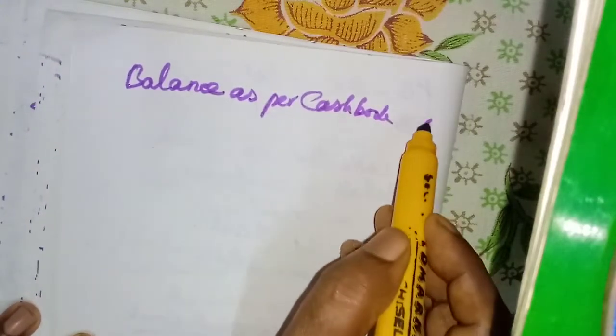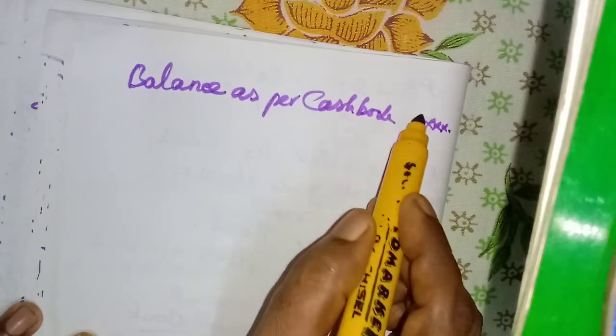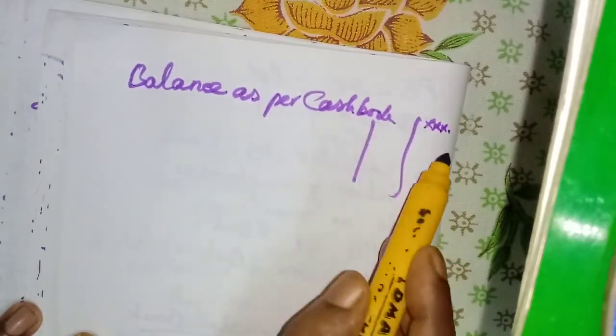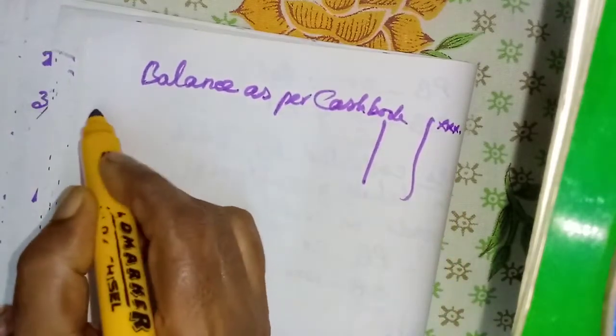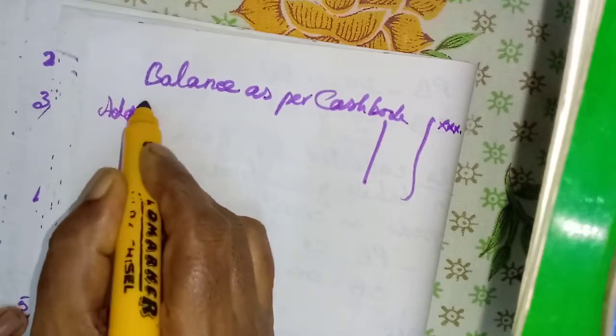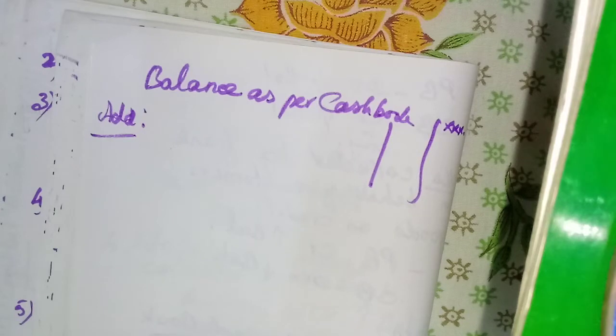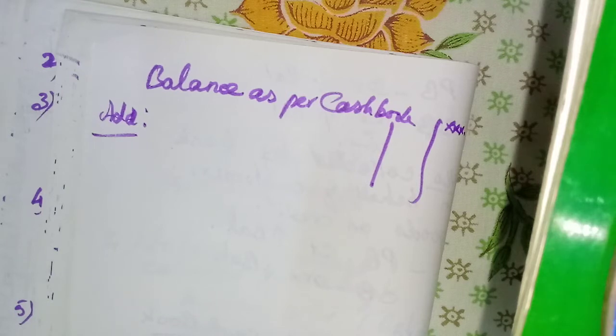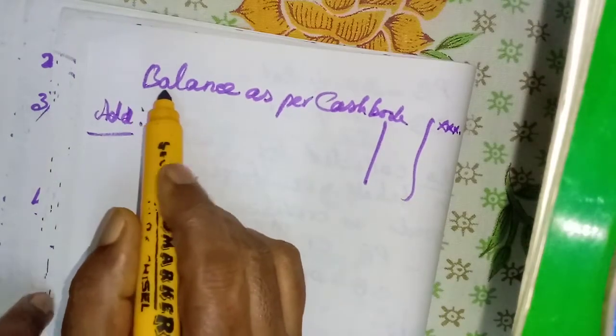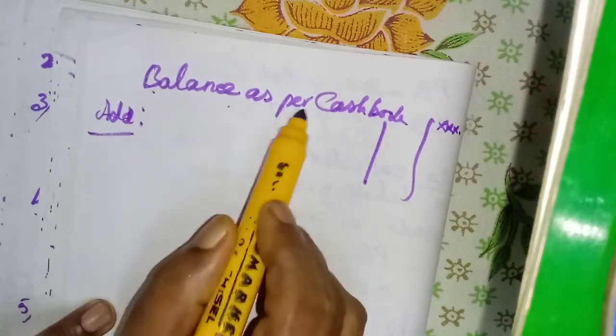One amount will be given. We need to draw two columns, and write the amount in the outer column. Then we need to add some of the items and deduct some of the items. They have given some items that must be added and some that must be deducted, if they have given balance as per cash book in the question.